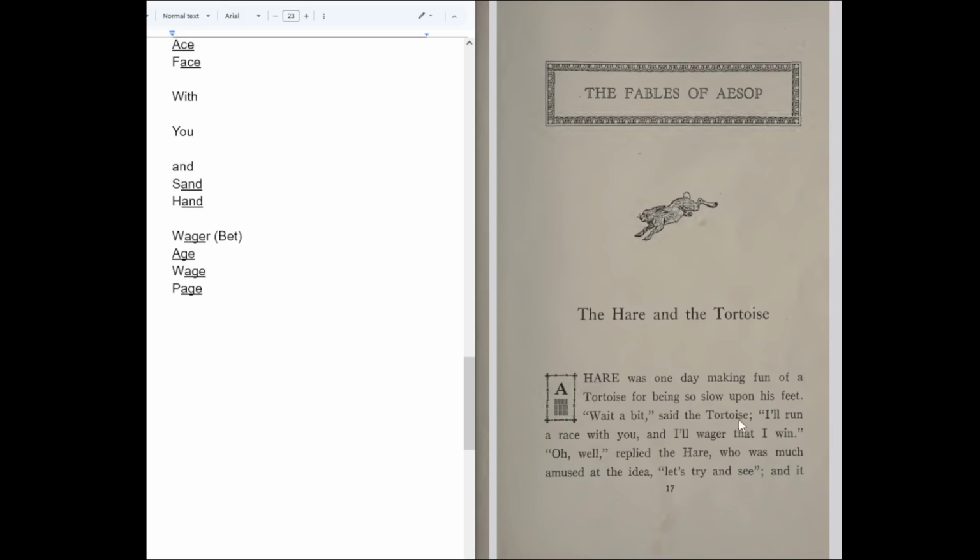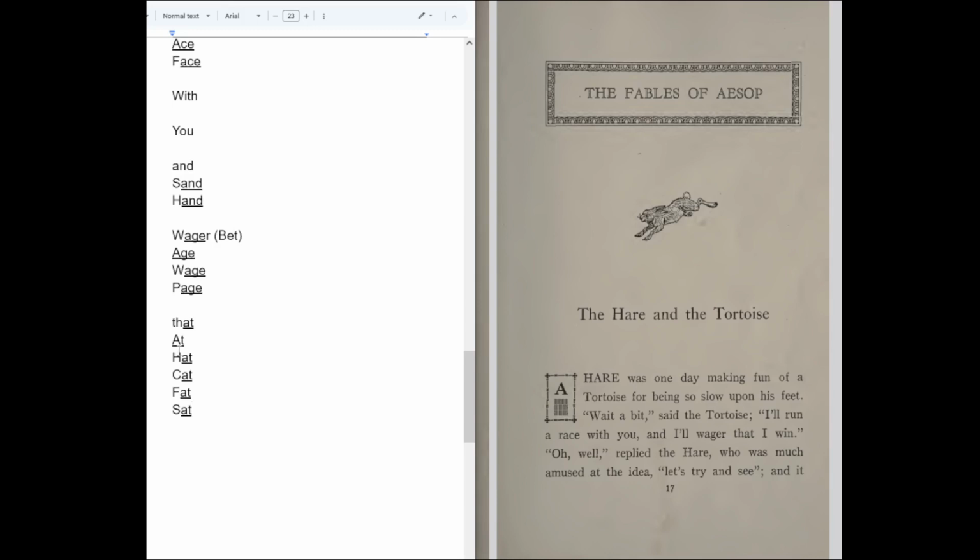Wait a bit, said the tortoise. I'll run a race with you, and I'll wager that I win. That. Here we have the AT, which we see in at, hat, cat, fat, sat.